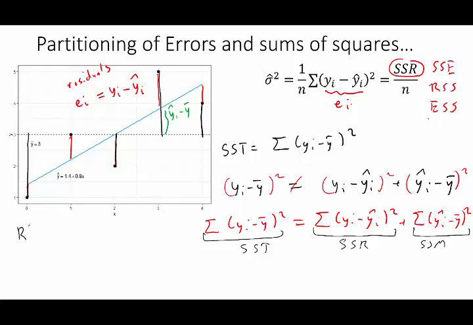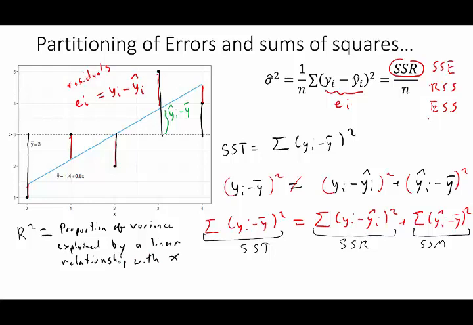Now, the R-squared statistic, which you may have heard quoted in regression studies before, is typically stated as the proportion of variance explained by a linear relationship with x.